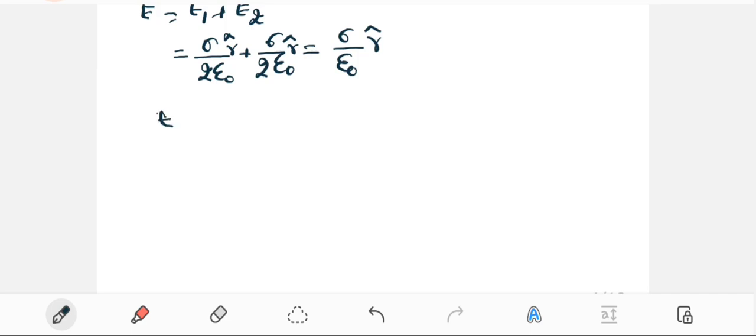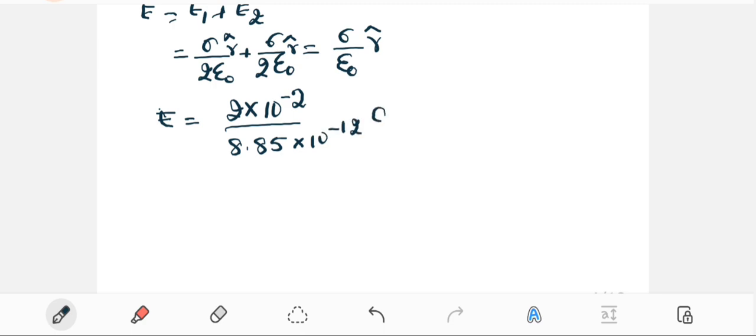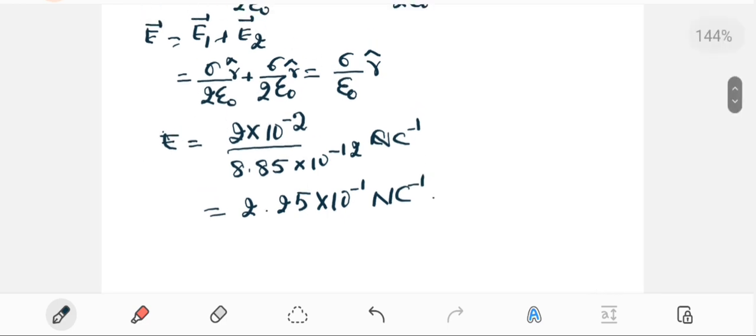Therefore, electric field is equal to 2 into 10 to the power minus 2 divided by epsilon naught. We also know the value of epsilon naught, that is 8.85 into 10 to the power minus 12 coulomb, and after solving it, we get 2.25 into 10 to the power minus 1 Newton per coulomb. So this is how we solve these kinds of questions.